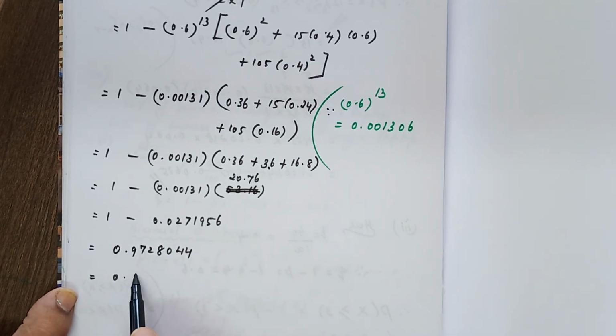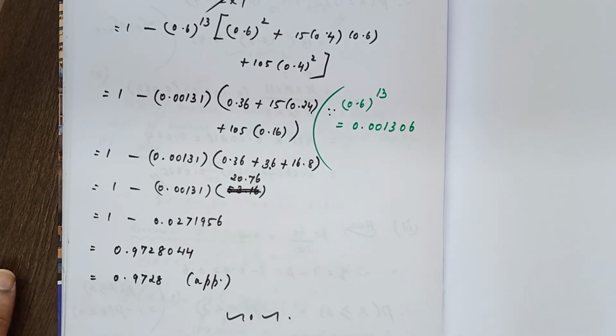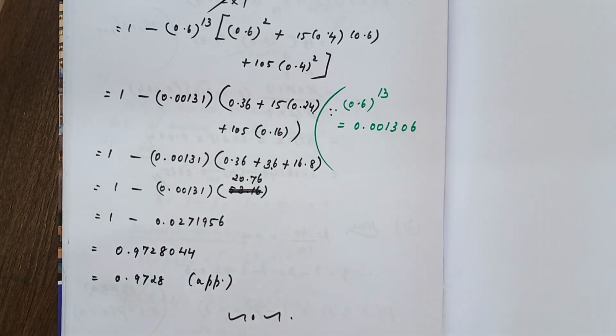Approximately you can write 0.9728. Since we have 0, nothing can be added to the previous digit, so you write 0.9728 approximately. So problem number 14 is completed. Then I'll be teaching the next problem in the next video. Thank you, children.